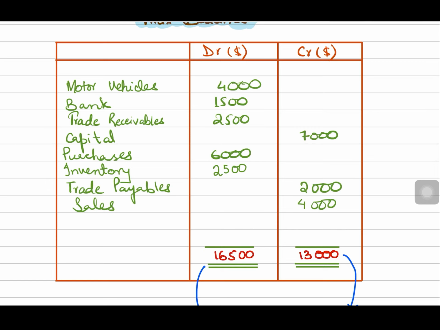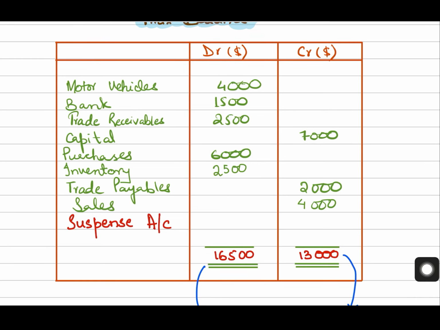So just for the sake of balancing the trial balance and then further preparing the financial statements, that is the income statement and SOFP, we have to temporarily balance the trial balance, right? We cannot just hold everything over there and start finding out the errors. We have to balance the trial balance, and for that we insert an account with the name of suspense account in the trial balance with the difference between these two values.